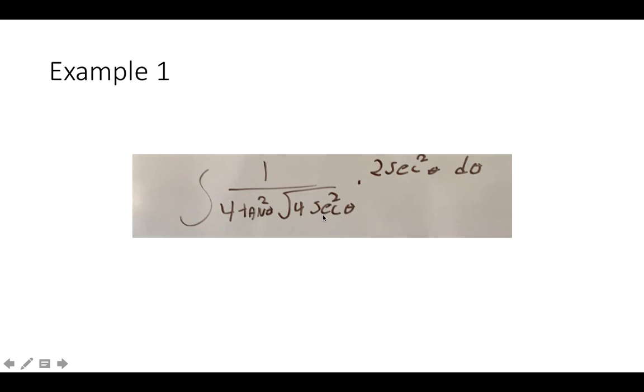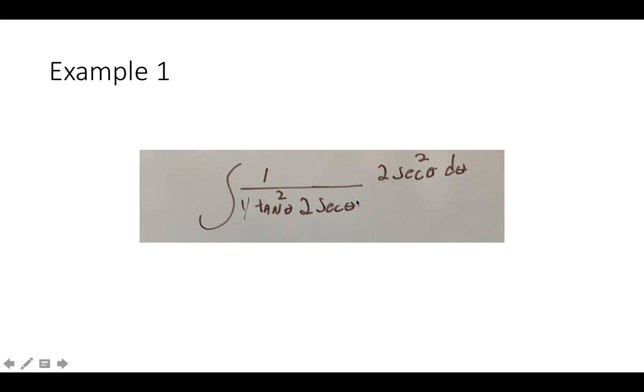Now that I have this, let's simplify the square root even further. Let's square root everything, and we now get 2 secant theta. Once again, we can simplify this even further.